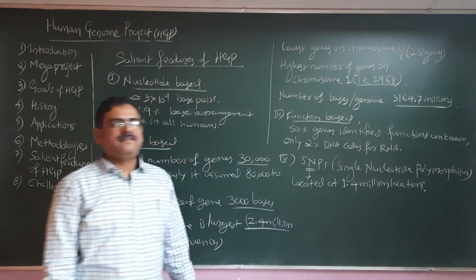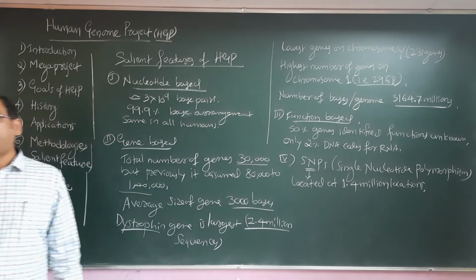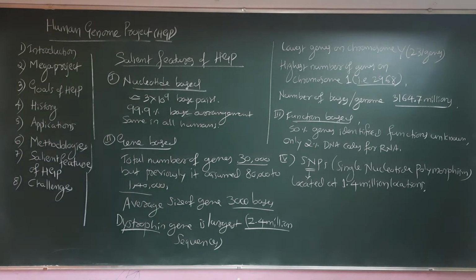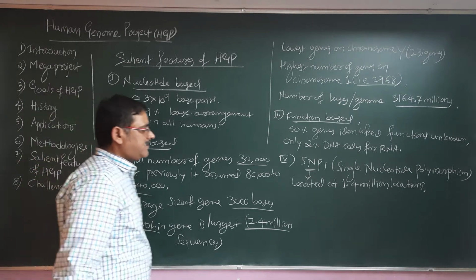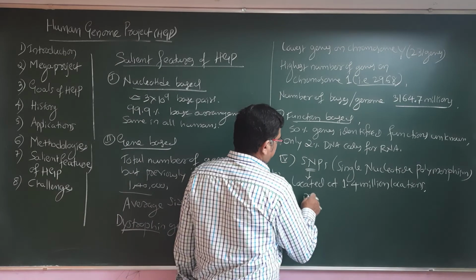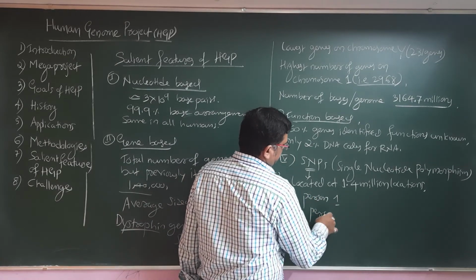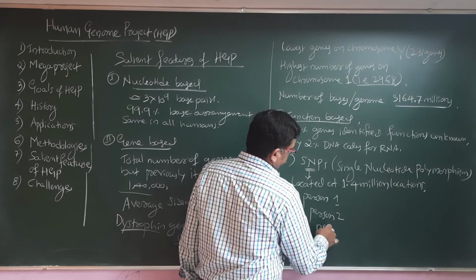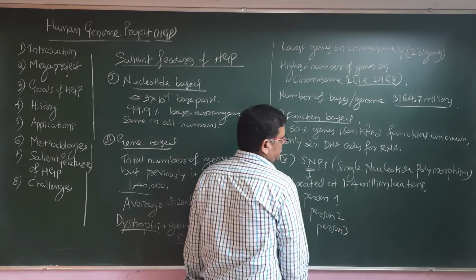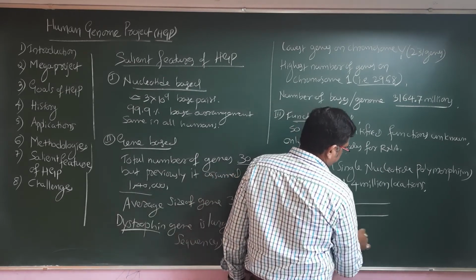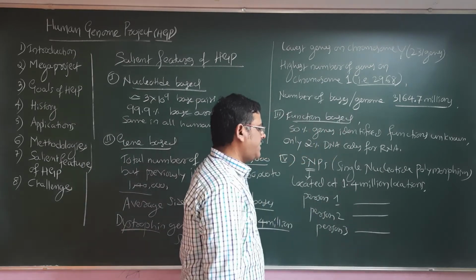So what is the use of SNPs? Presence of SNP makes the DNA look different from one person to another person. Imagine here person 1, person 2, person 3. From a particular chromosome, we have taken their DNA.